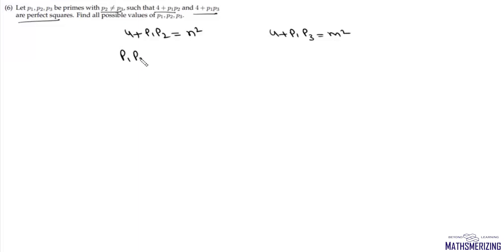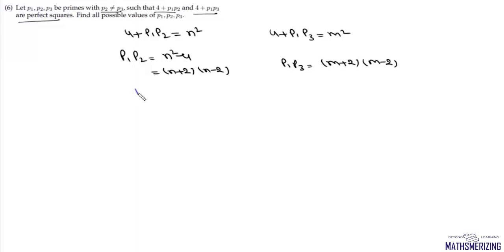Then we can simply write P1 P2 as n square minus 4, which is n plus 2 into n minus 2, and we can write P1 P3 as m plus 2 into m minus 2.